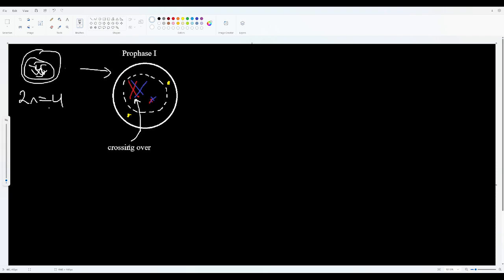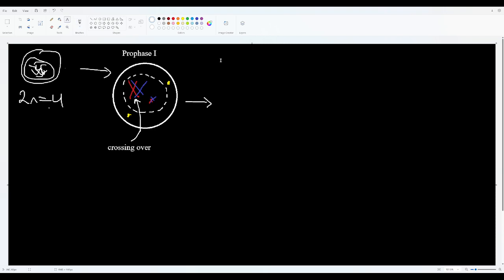A child made from this gamete way down the line is going to be much more randomized than something like a bacteria would be. I hope that's clear. So crossing over happens here. This is already a pretty big deviation from normal mitosis.